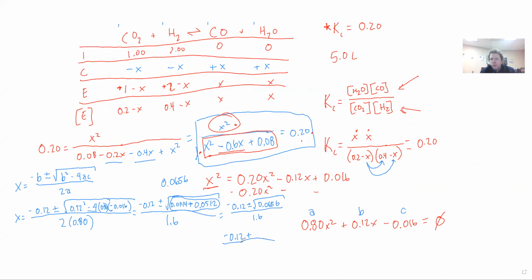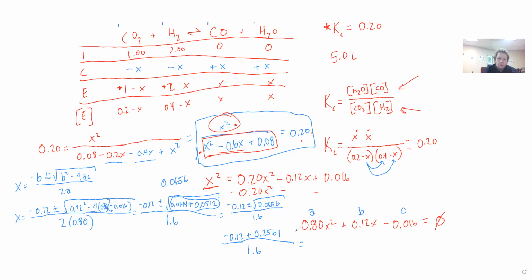But before we worry about that, let's go ahead and say negative 0.12 plus the square root of 0.0656. So I'm going to hit shift and I get this value, 0.2561 divided by 1.6.